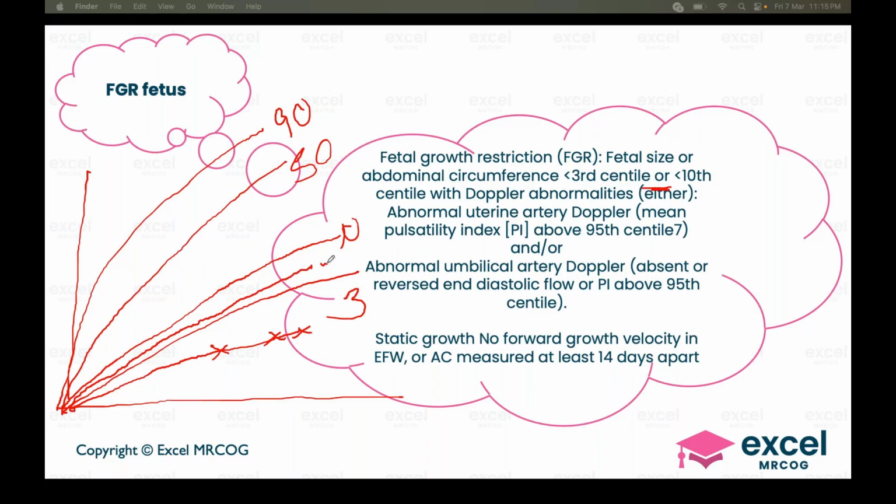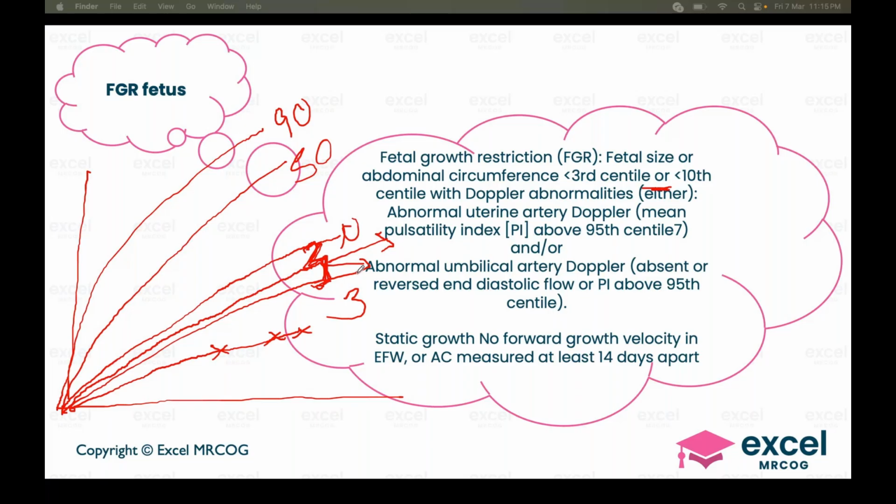So if you have a baby in the 10th to 3rd centile, this part, with abnormal uterine artery Doppler or abnormal umbilical artery Doppler. When we say abnormal, it means PI more than 95th centile for the uterine artery, or abnormal umbilical is where there is PI more than 95th centile and or absent reversal of flow.